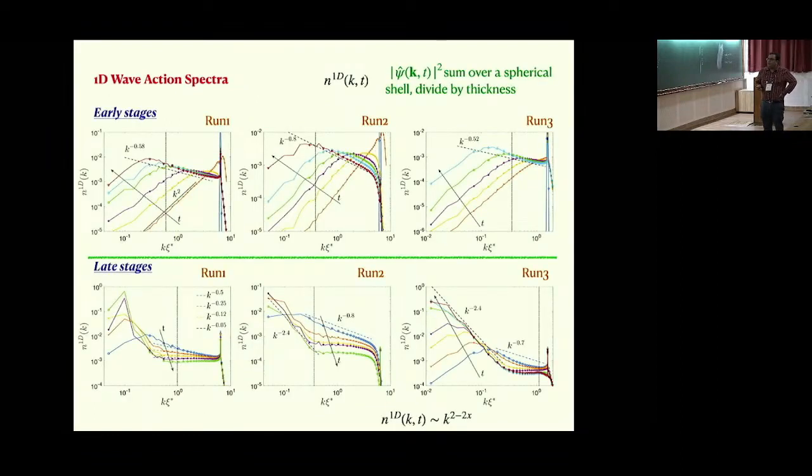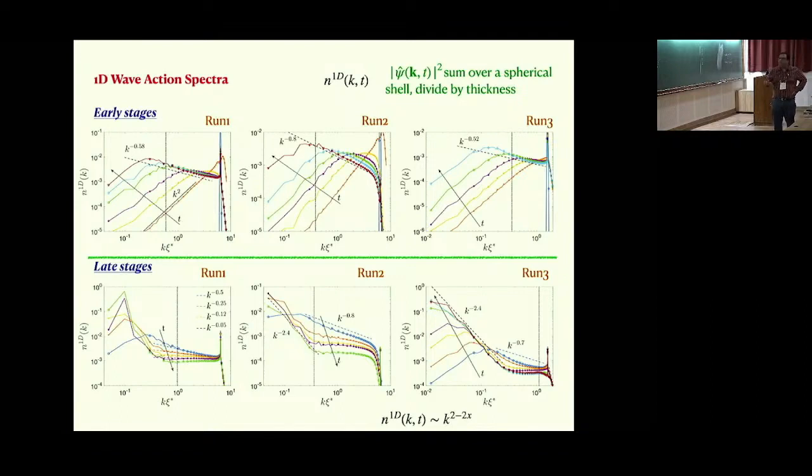If you look at, let's say, run 1, you will see that all these runs, in the very early time, have a k-squared spectrum. If you write this spectrum in terms of omega, where x is the scaling, it corresponds to a constant, which is particle equipartition. All these 3.